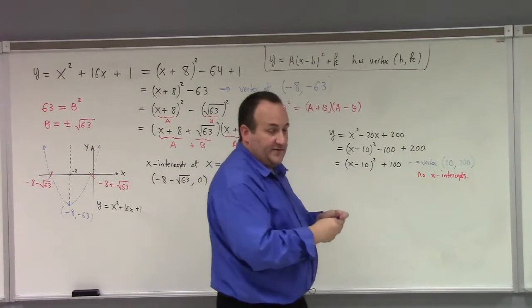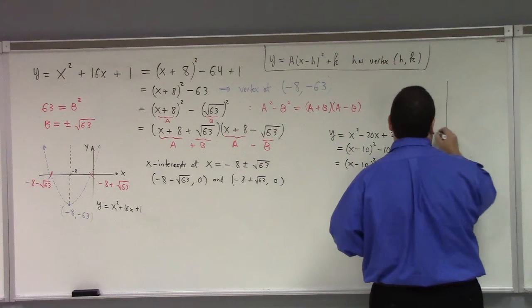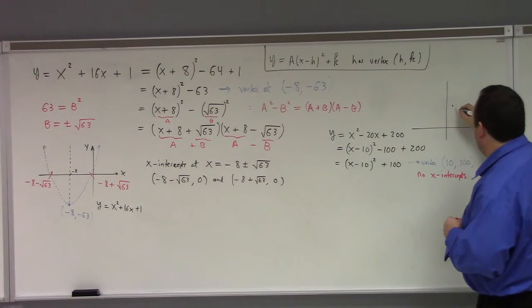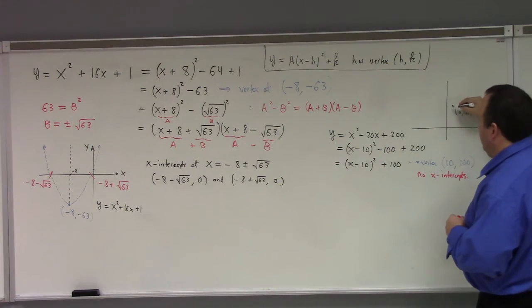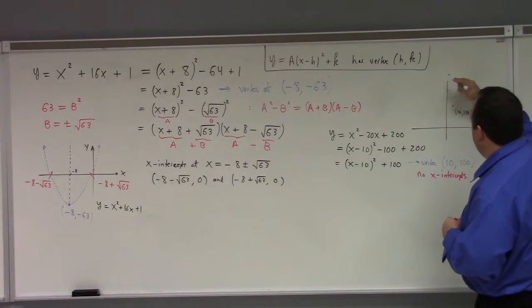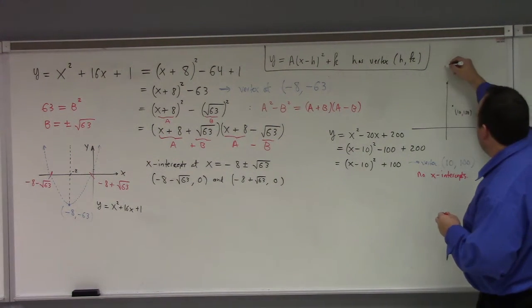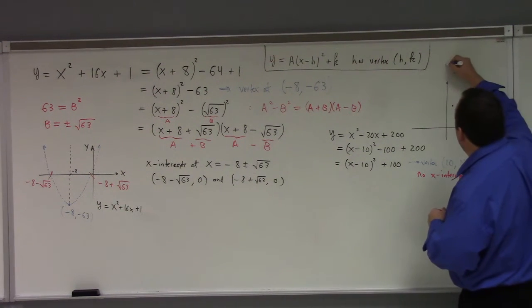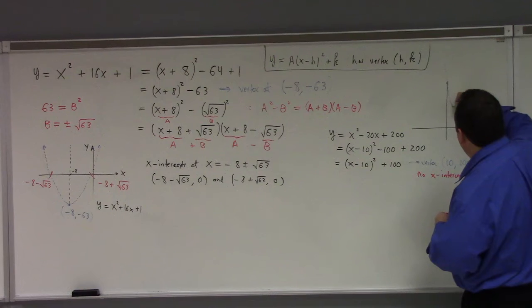So if I graph this thing, what does it look like? Let's say here-ish, 10, 100. And then up here at twice as high, you've got another point. The y-intercept is at 200, and it's definitely a parabola. As I've made my graph here, it's something kind of like this.